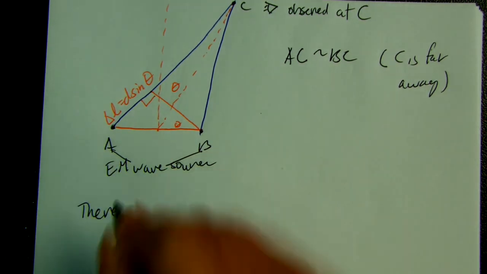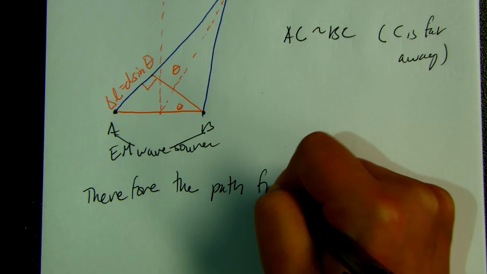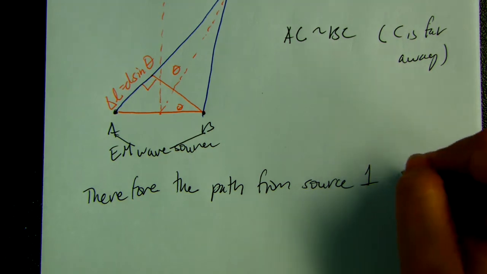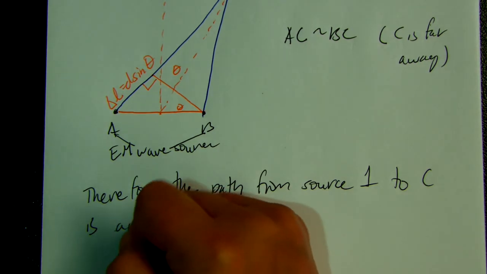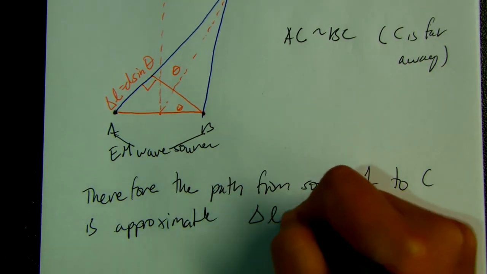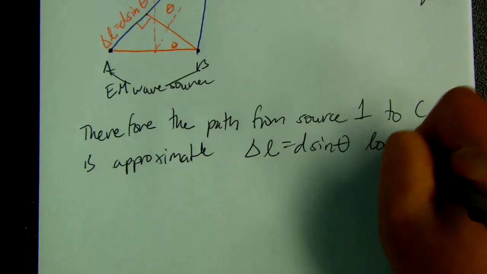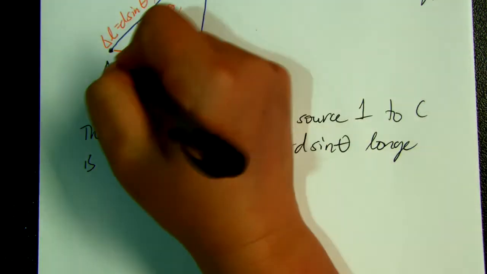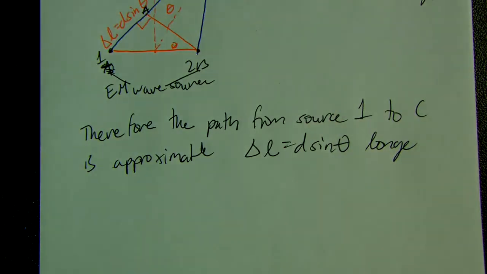So therefore, using this, the path from source 1 to C is approximately d sine theta longer than the path to source 2.